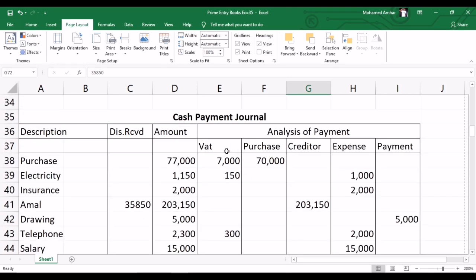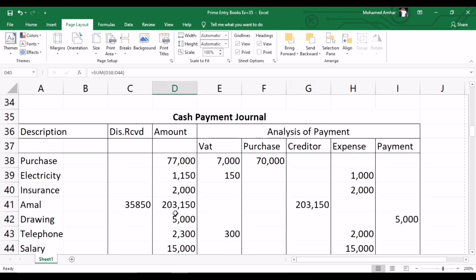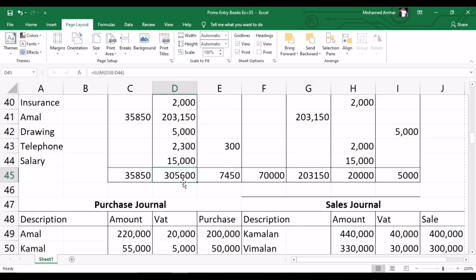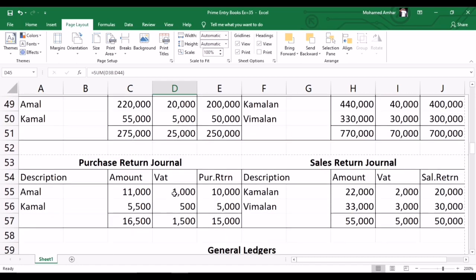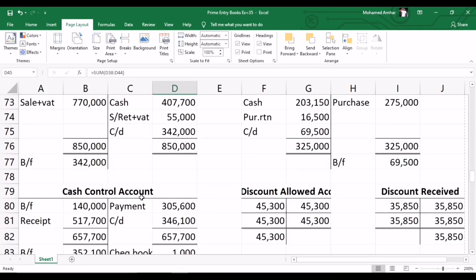Now go to the cash payment journal. The total amount paid is how much? 305,600. So it is a cash payment. You have to credit the cash control account 305,600.